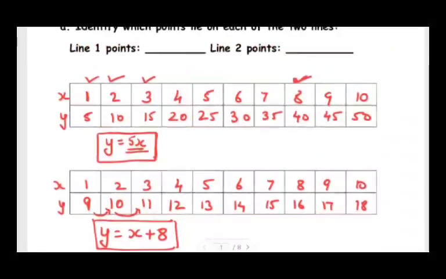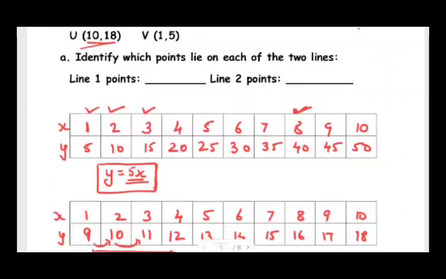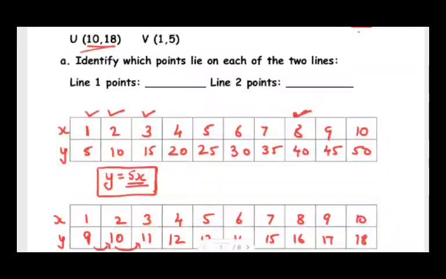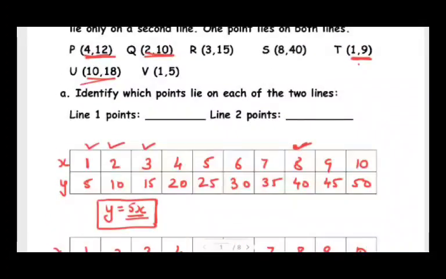Now what do I have? Identify which points lie on each of the 2 lines. Let me find. So 1 and 5. Do I have 1 and 5? Here.